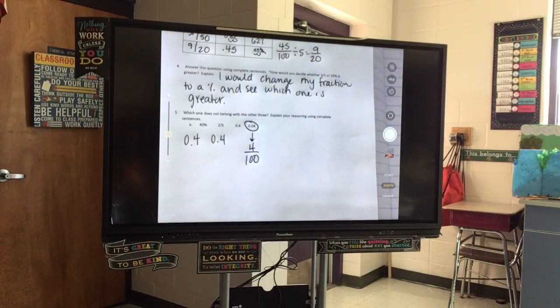Does anybody want to add anything to what Isabella said? Okay, so simply changing your numbers to decimals helps you realize what this one is compared to the other three. Greater than, equal to, or less? Is this greater than, less than, or equal to the other three?